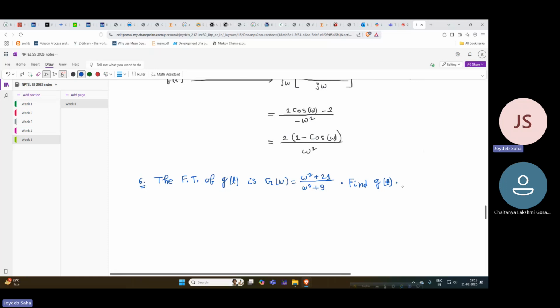That means the Fourier transform in frequency domain is given, time domain signal you have to find. Find it quickly.